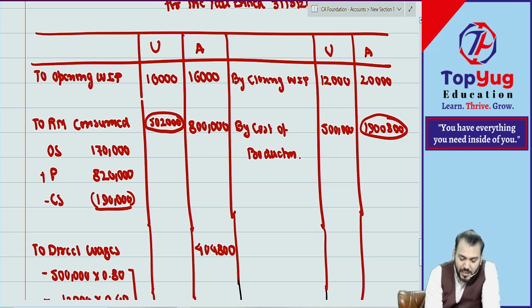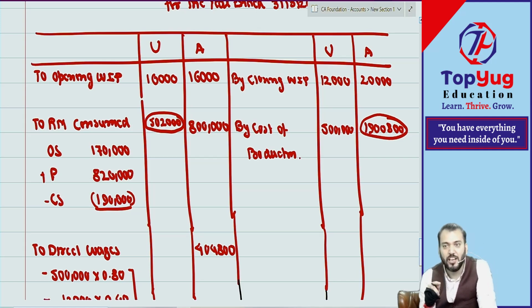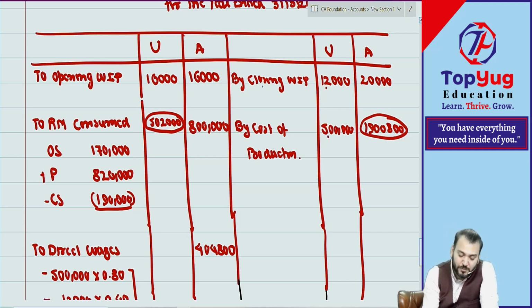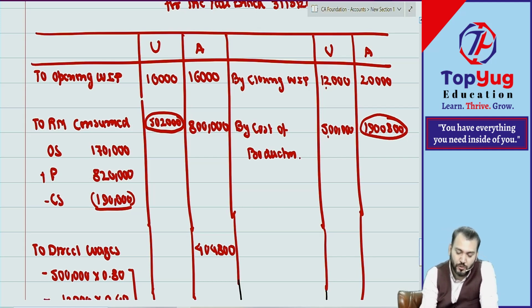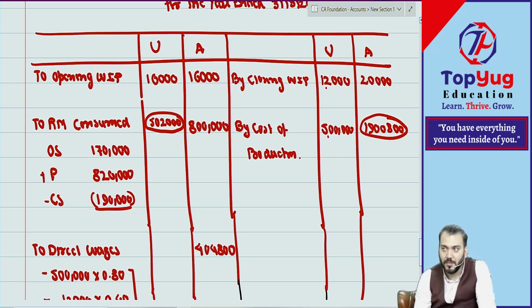If somebody asks the total number of units consumed during the year, it will be this plus this minus this. Whenever I say gola, gola means balancing figure. In exam, don't write gola. Understood? Easy. Any doubt? No doubt.